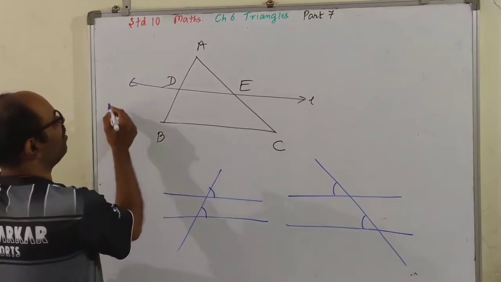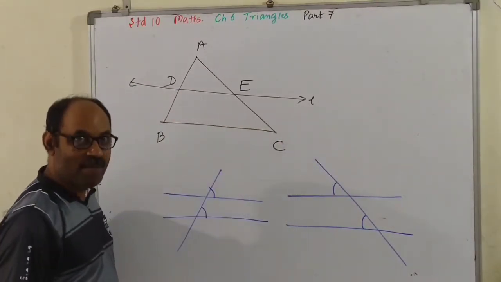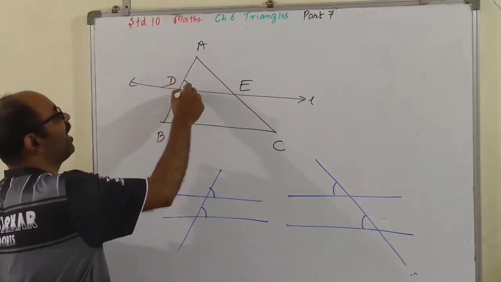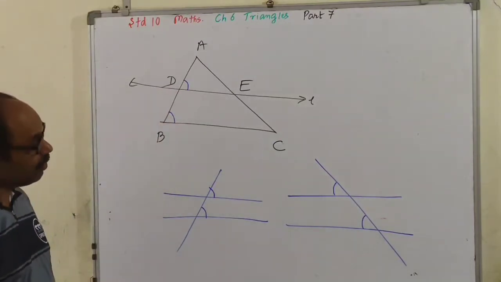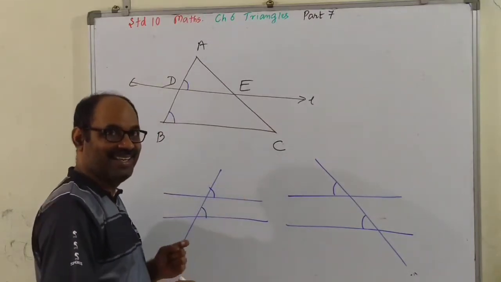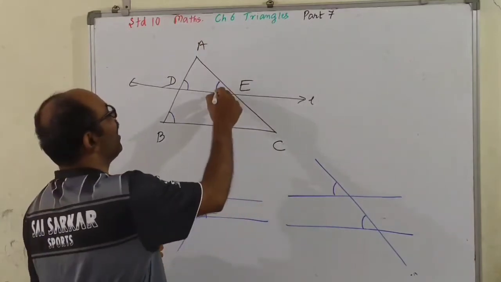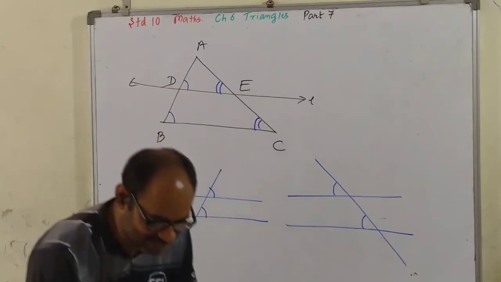Here you can imagine line L and line BC are parallel and BD is the transversal, so angle B is equal to angle D. Same way, line L is parallel to line BC and EC is the transversal, so angle E is equal to angle C.